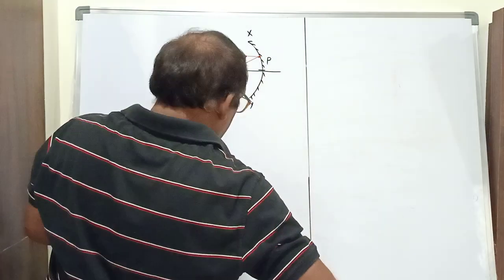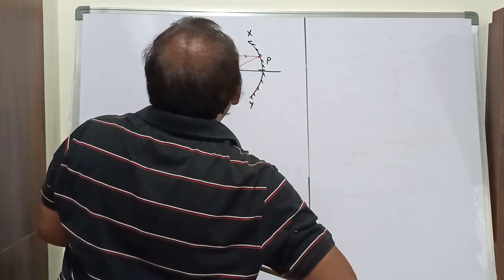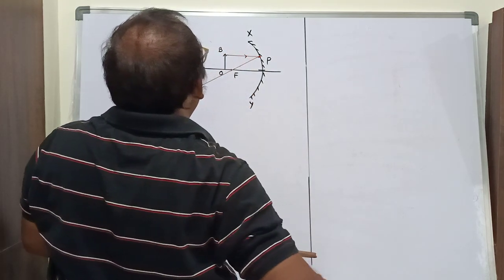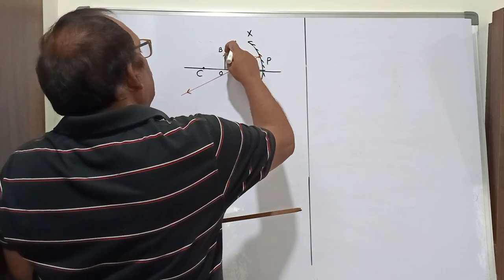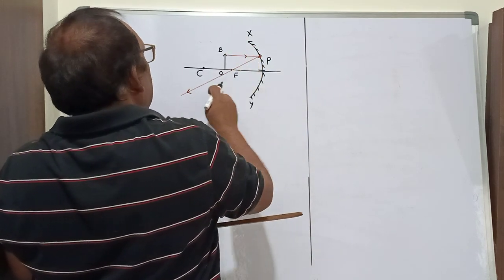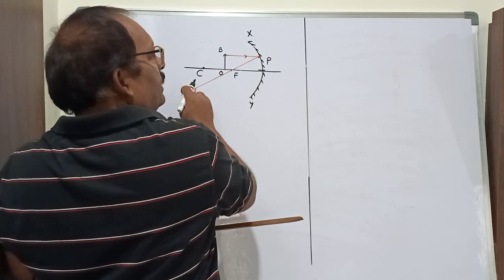Another ray is traveling through the center of curvature. Any ray that is traveling through the principal focus must be rendered parallel. We can also draw it like that.